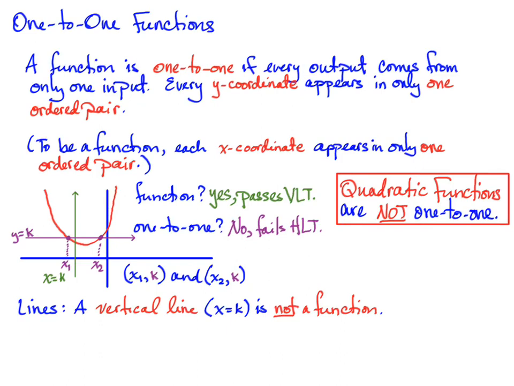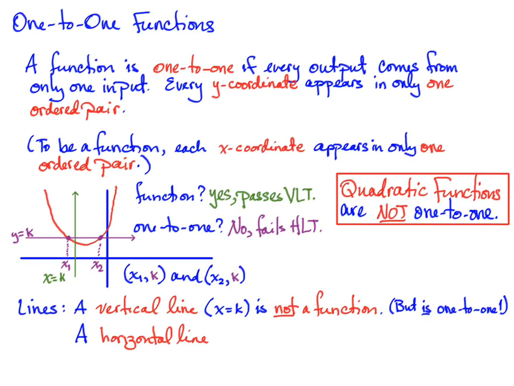But it's a relation, right? It's a set of ordered pairs. And it does happen to be a one-to-one relation, but not a one-to-one function. And we're usually really only concerned with functions that happen to be one-to-one. So what about a horizontal line? A horizontal line has equation y equals k.